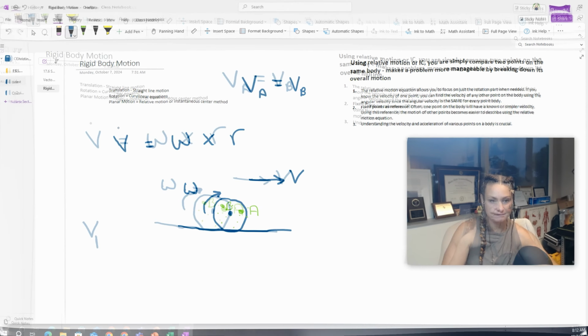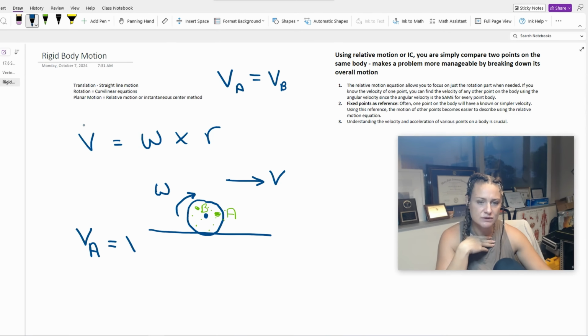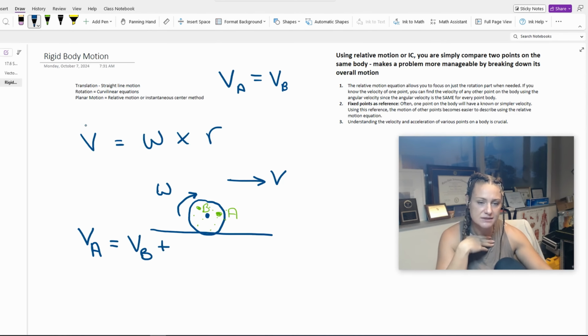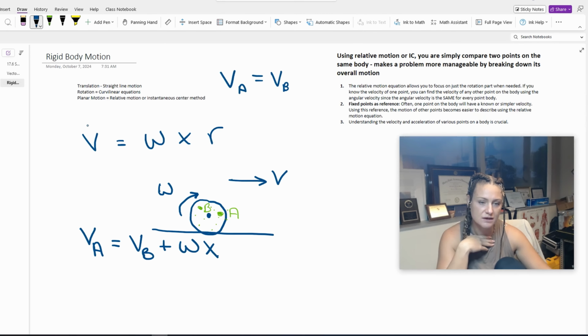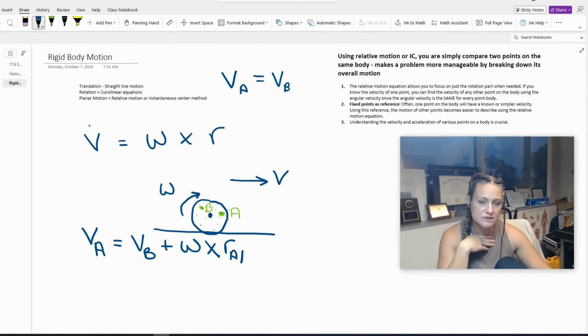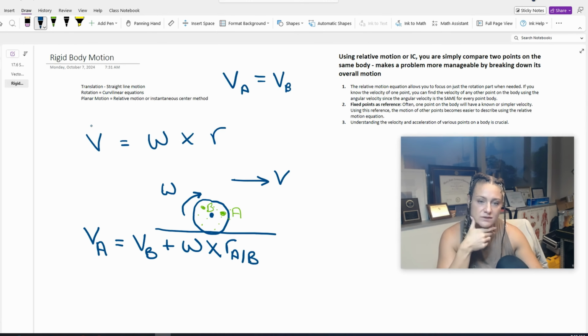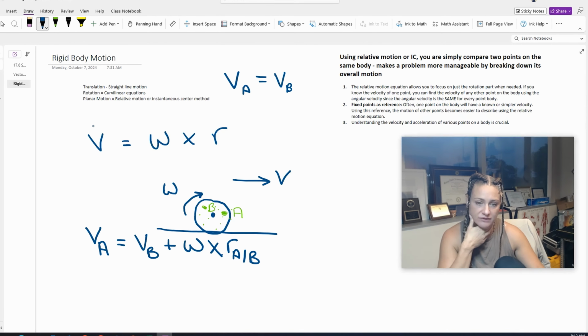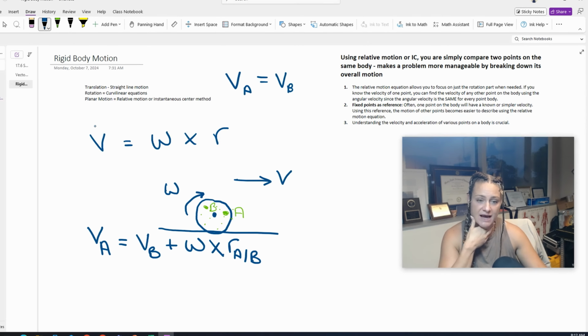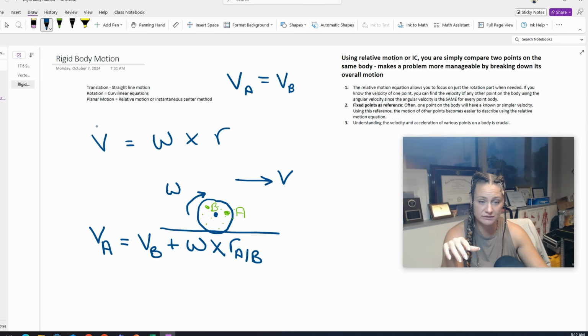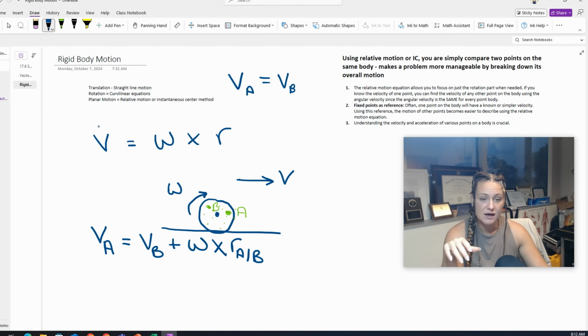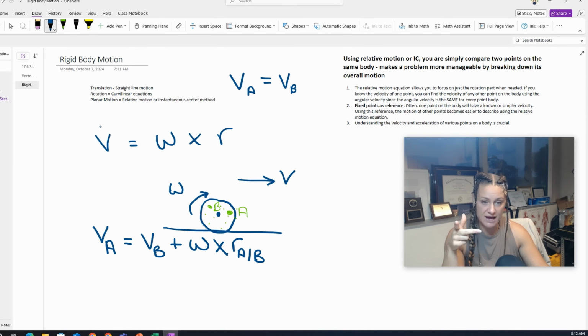I can say the velocity of A is equal to VB plus omega cross R of A with respect to B. So the velocity of A is going to have the same amount of velocity as B, but it's also going to have a rotational aspect to it.